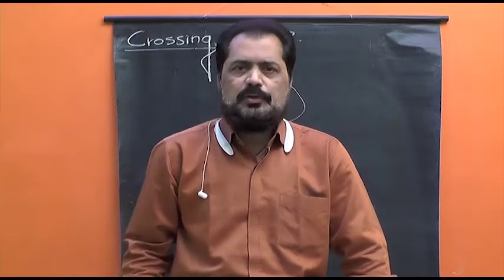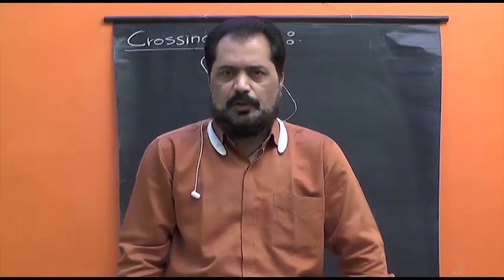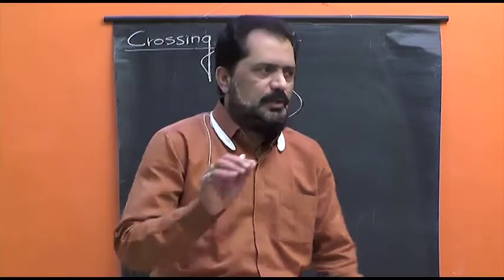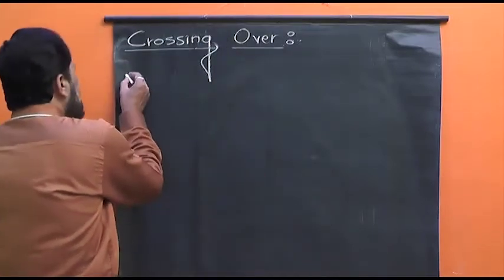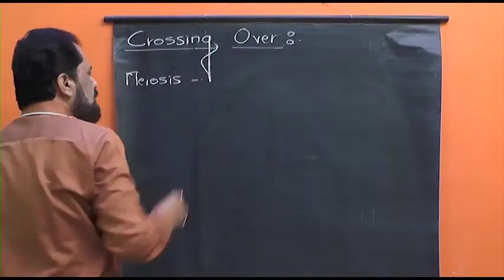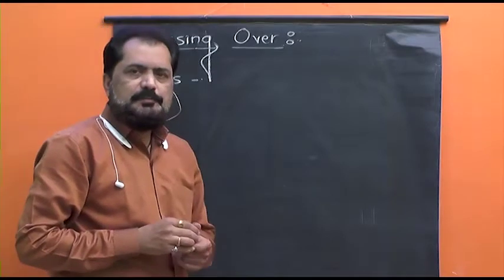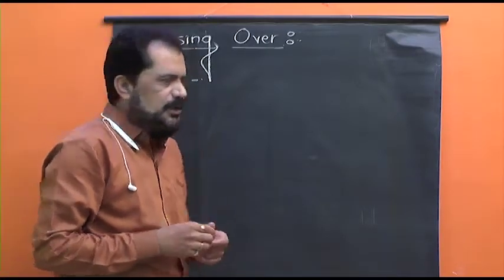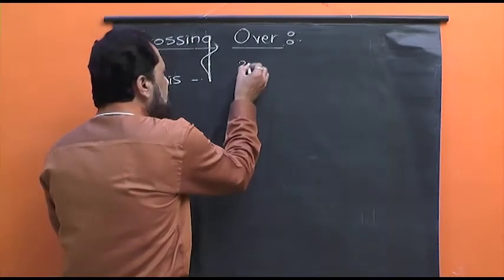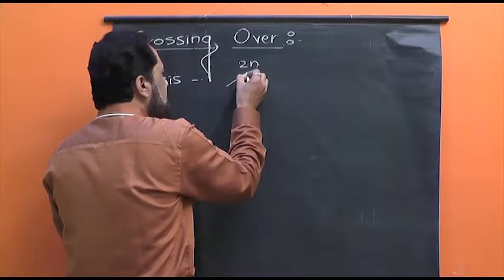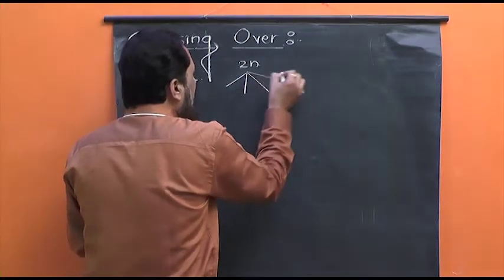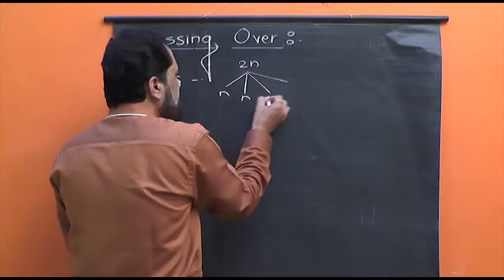Now before going to crossing over, let us recall briefly about meiosis. As I said just now, meiosis is a type of cell division during which the diploid parent cell divides to form 4 haploid daughter cells.